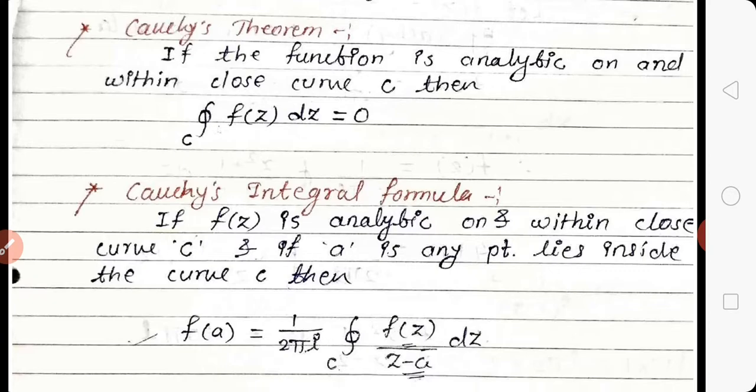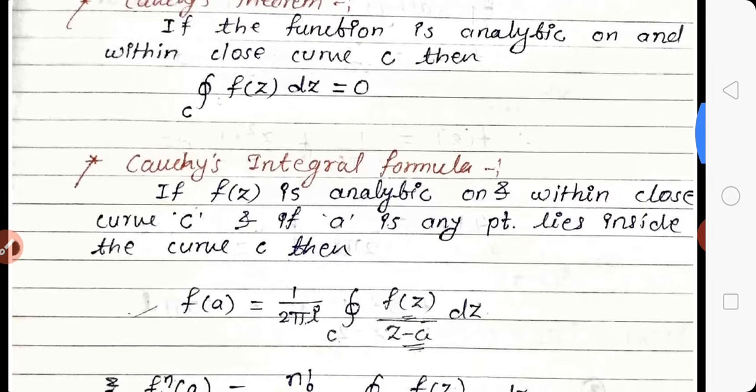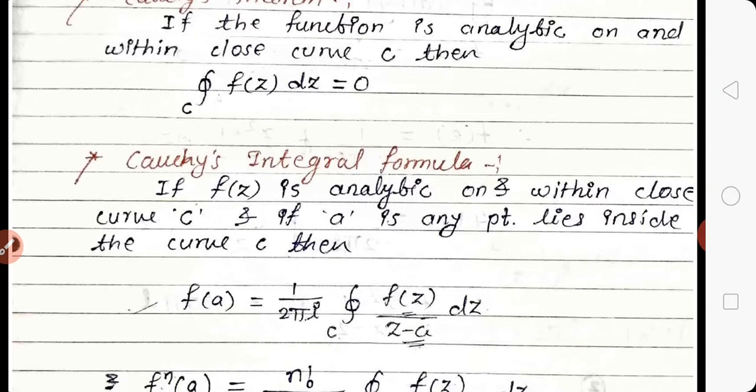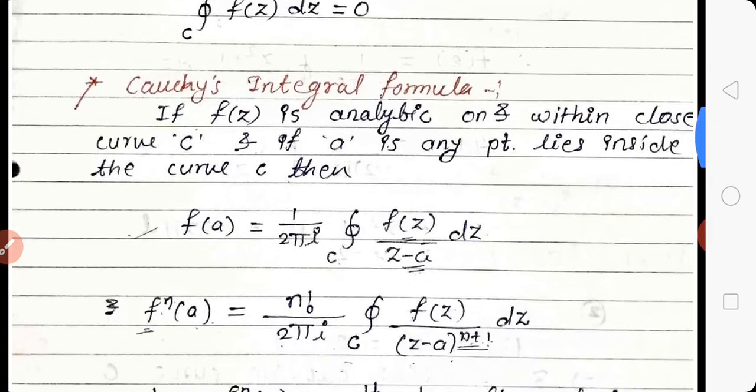Next is Cauchy's integral formula to find the integration. If f of z is analytic on and within closed curve C, and if a is any point inside the curve C, then the value of f of a is equal to 1 upon 2 pi i times the line integral over C of f of z upon z minus a dz.